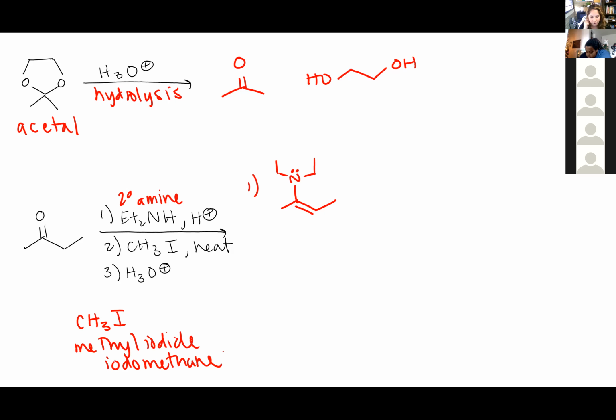I'm not going to ask you about alkyl halides, but when I use a common name, I should probably point that out. What happens when you react an enamine with an alkyl halide in heat? It acts like an enol or enolate, and it attaches at the carbocation.